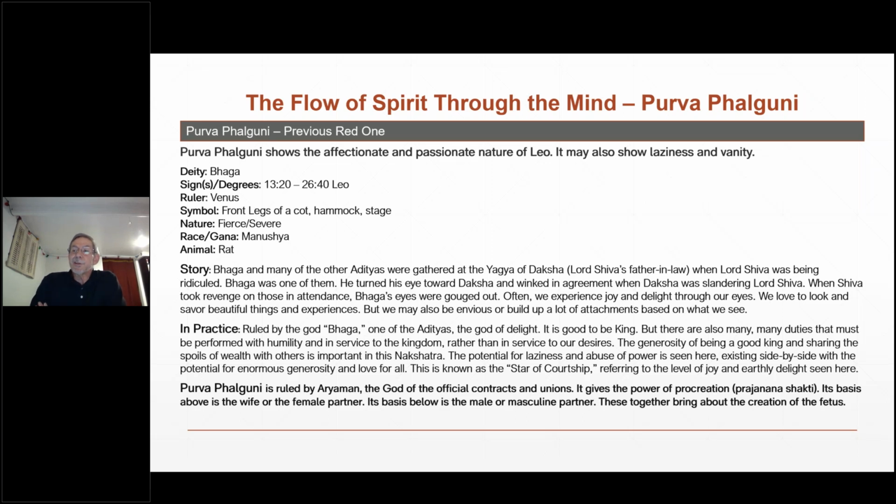So Shiva shows up and he catches the wink between Daksha and Bhaga, and he took revenge on them in that attendance. The first thing he did is he gouged Bhaga's eyes out because of the wink. Often we experience a lot of joy and delight through our eyes.